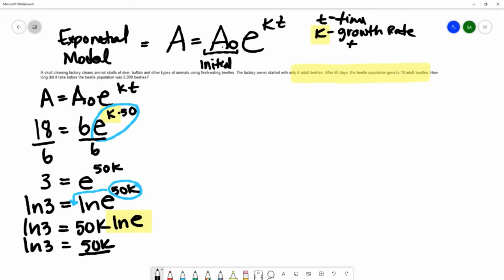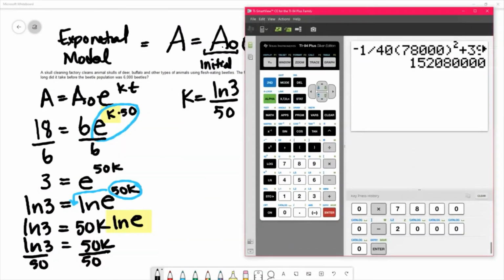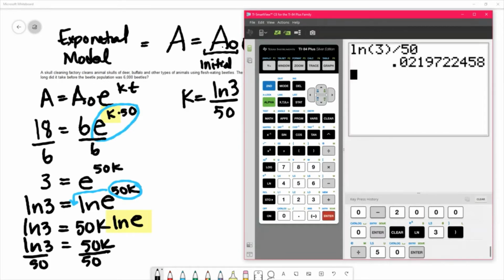And then I can divide both sides by 50. So now I've found the growth rate to be natural log of 3 over 50. Now I don't want to use the approximated value, but I want to show you that when we type this in your calculator, natural log of 3 divided by 50, we get that positive value for the growth rate.